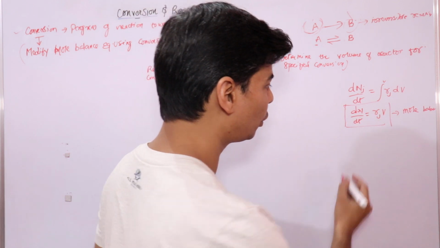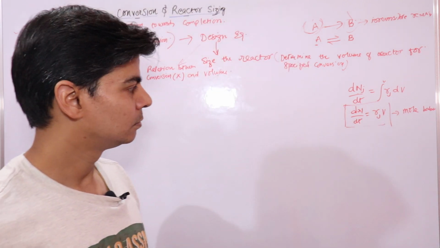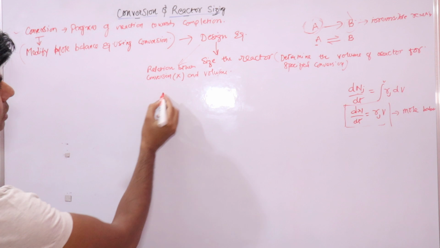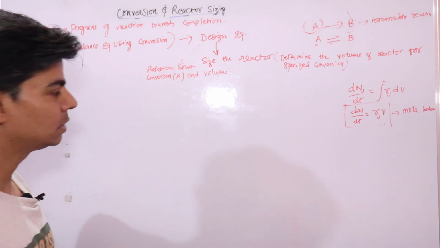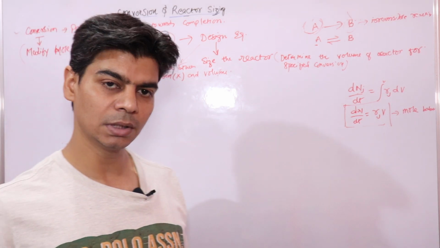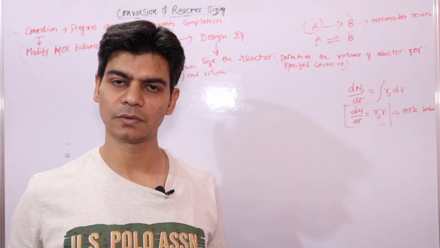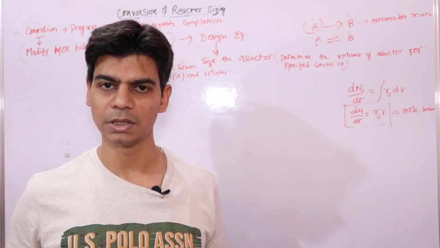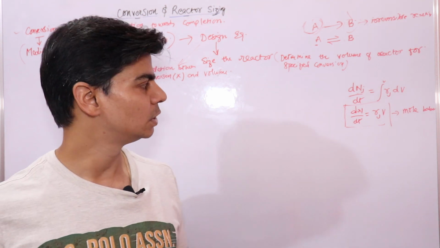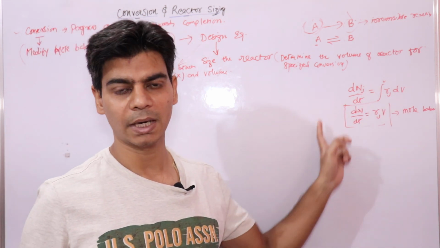Now we will modify this equation using the conversion factor x, right? Once you have the progress of reaction, once you can quantify that progress of reaction, what you have is conversion, and using that conversion you will modify the mole balance equation.